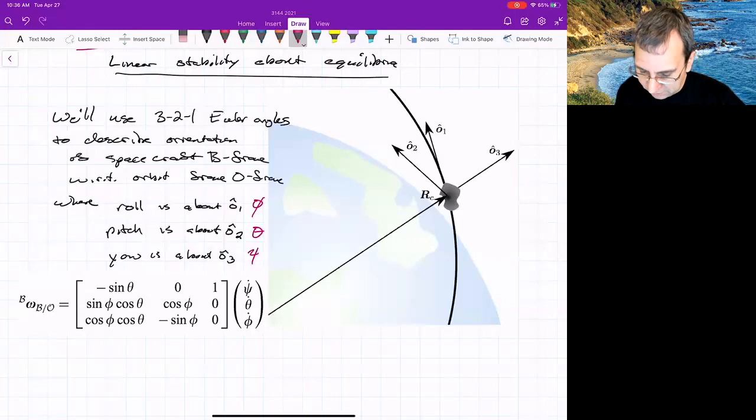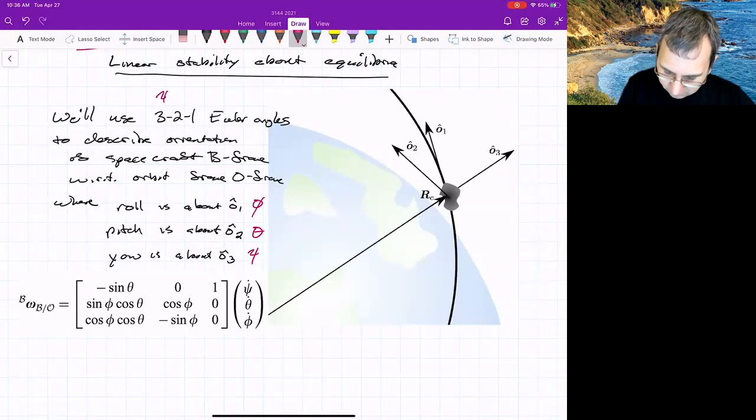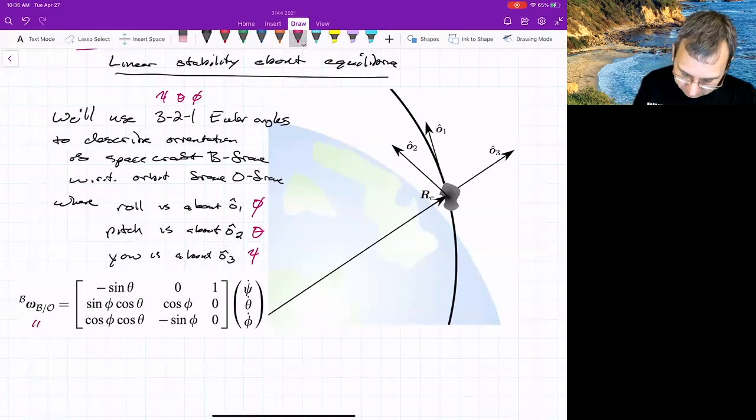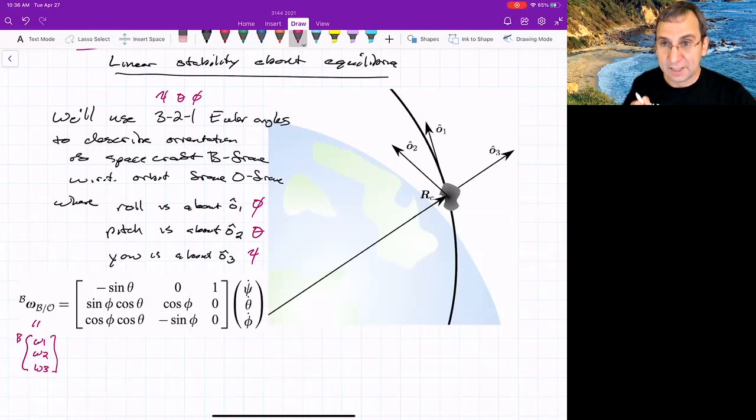And then we write them in this order, the yaw angle, and then pitch, and then the roll. But if you remember the way of relating omegas, what is this? This is omega 1, omega 2, omega 3, written in the body fixed frame. The relationship between that and the time rates of change of the Euler angles, it's not just that they all equal each other.